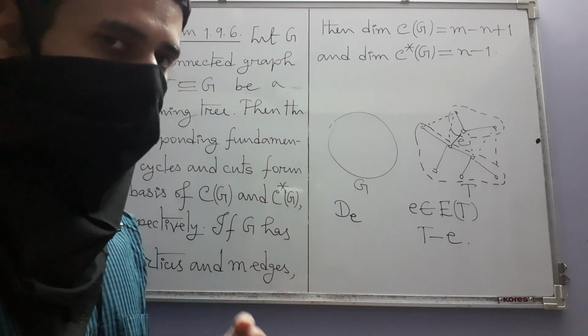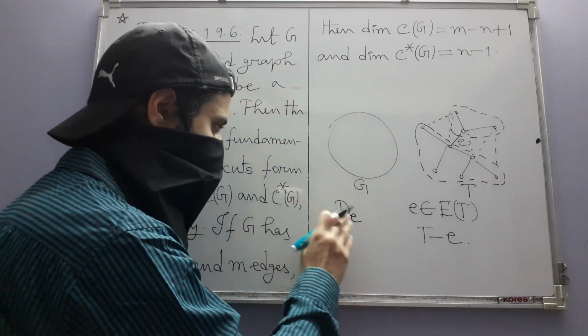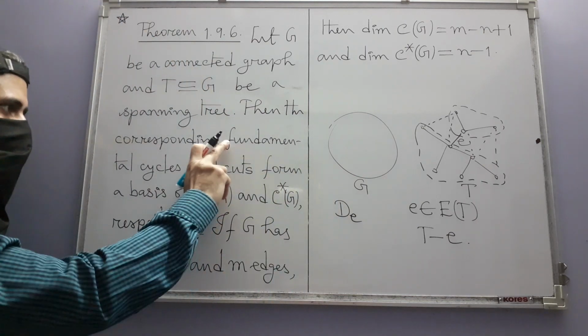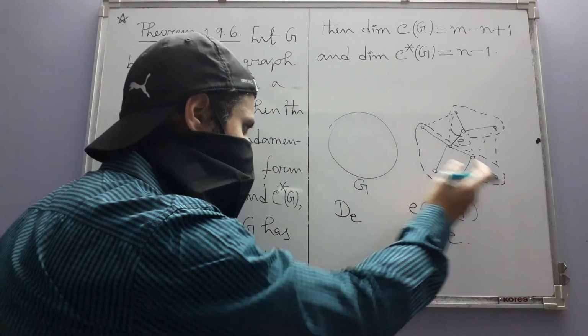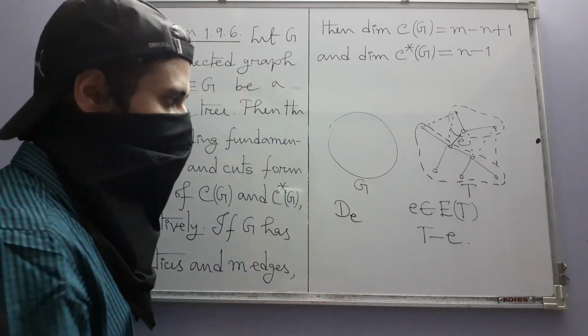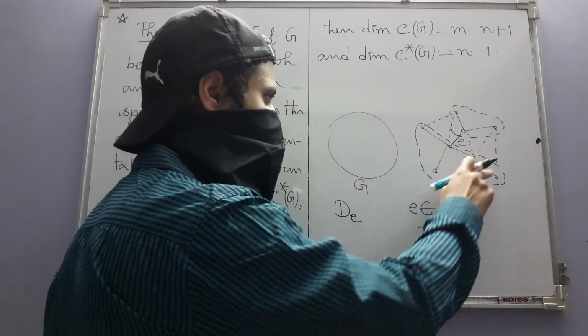It is a bond in the graph. So these bonds are called the fundamental cuts of the graph with respect to this spanning tree T, and you will get one such bond for every edge E in the spanning tree.